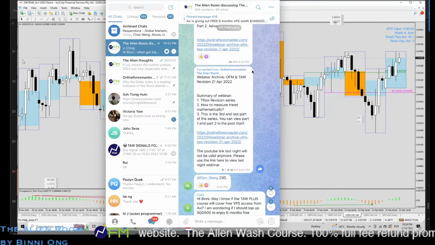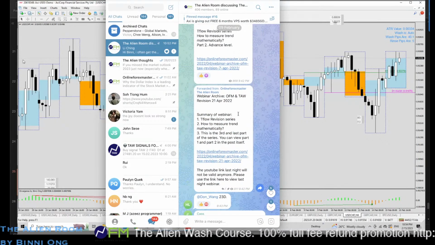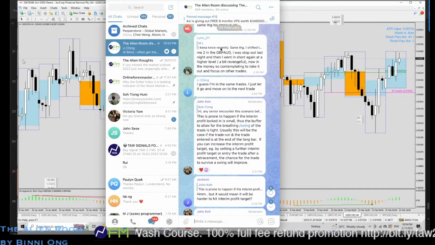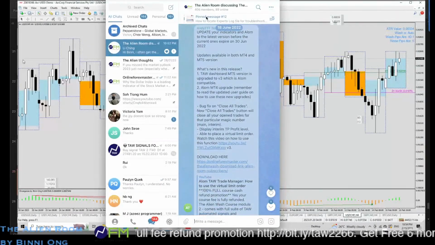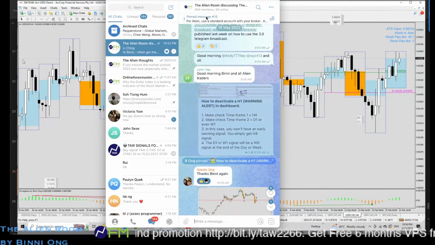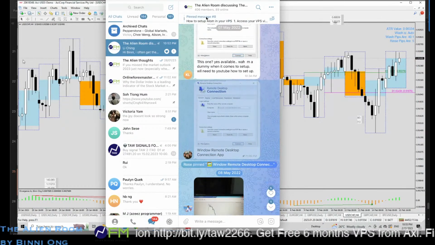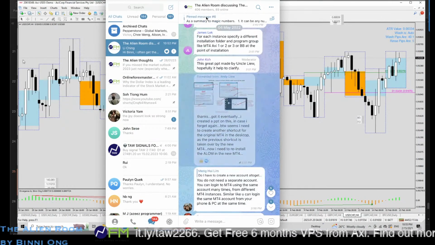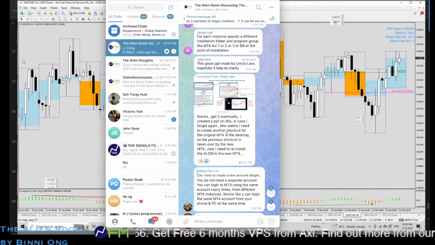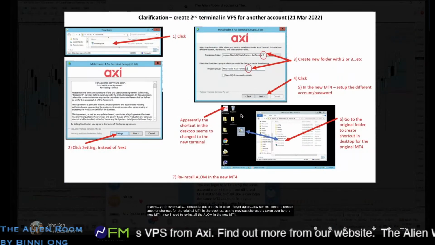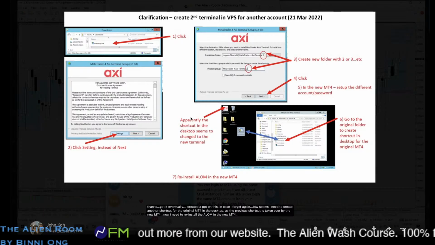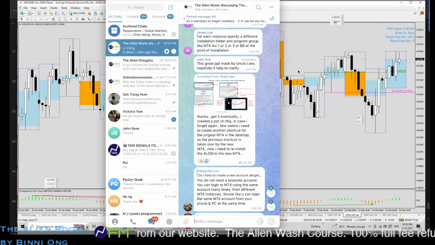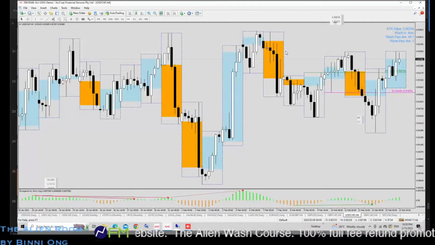When you're at the pinned message, you just scroll through it. There will be a very detailed write-up on how to do the remote control, room access, or how to have these two platforms together in one computer. Okay, you just have to follow the steps. All right, so this technical stuff I can't show here, but it's documented.